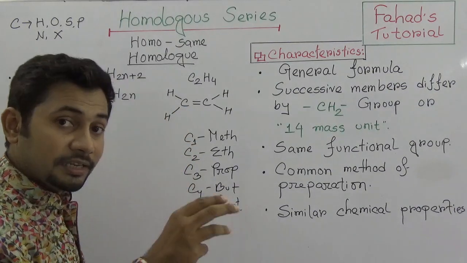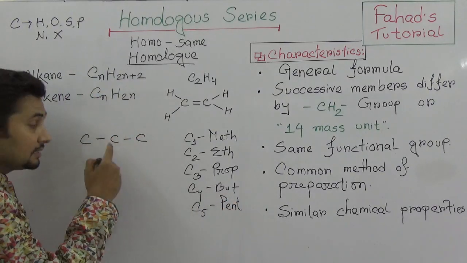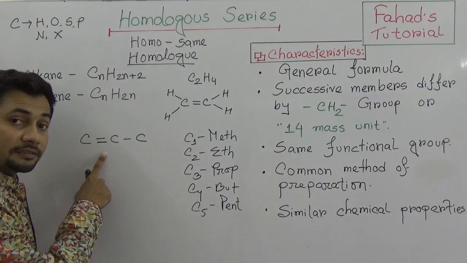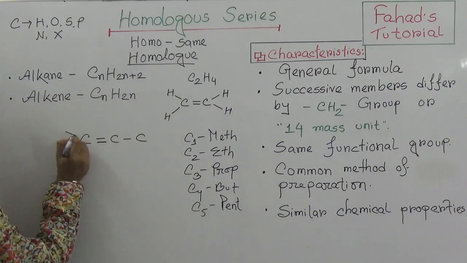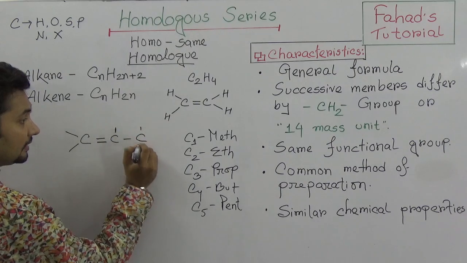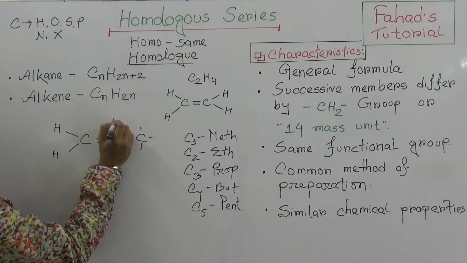If there are 3 carbons, like this, at least they will have 1 double bond, that is propene. Now you see that carbon valence is 4, so they will have 2 hydrogen, 1 hydrogen and 3 hydrogen.